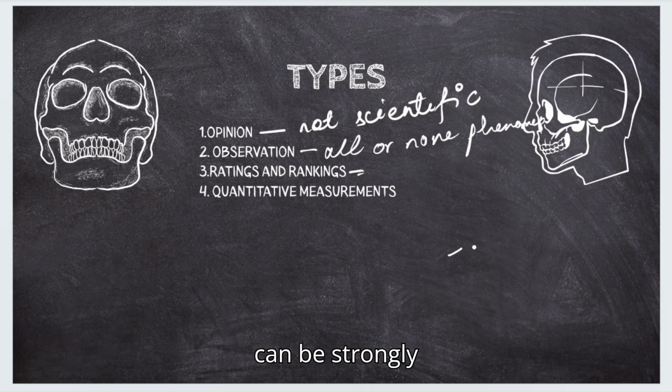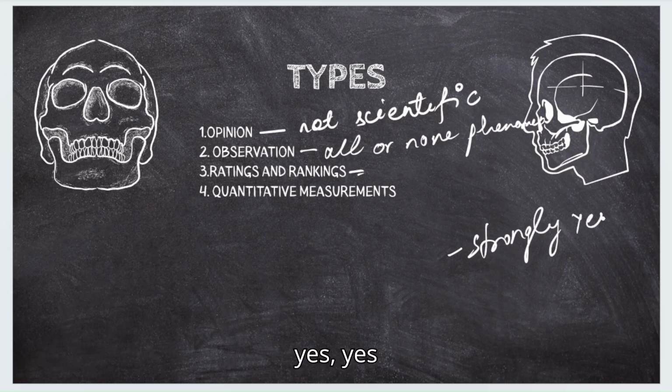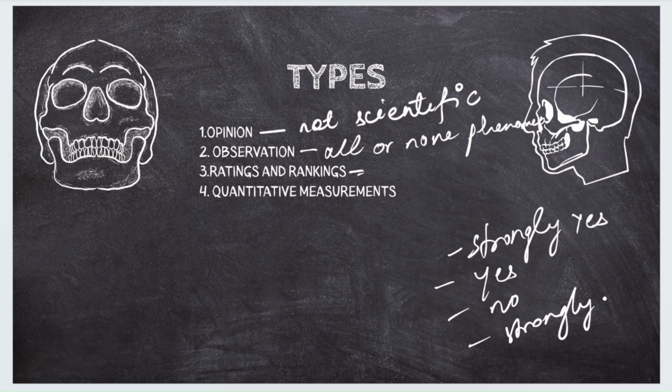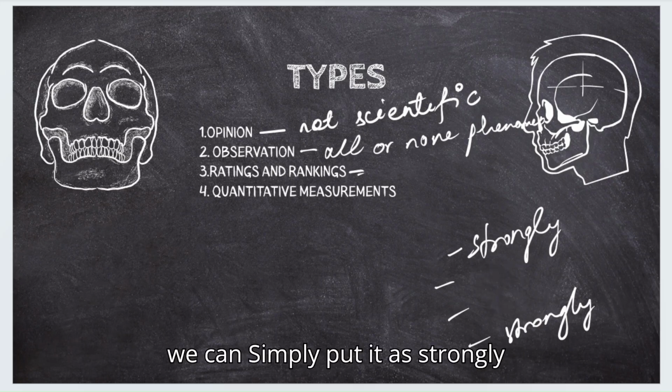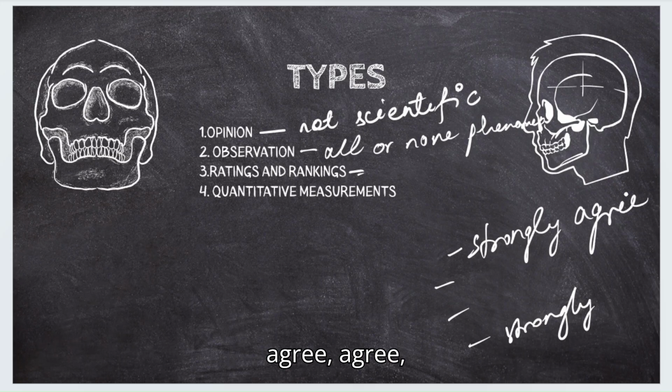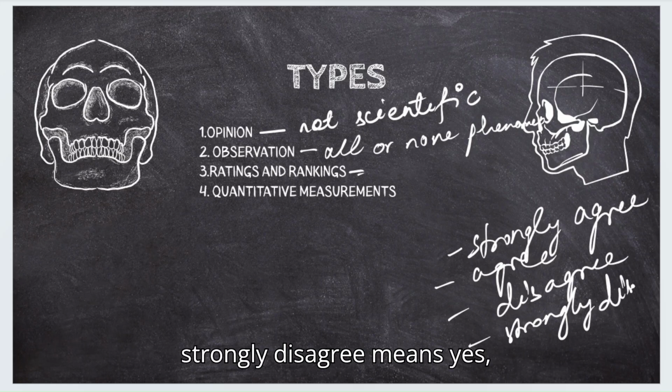It can be strongly yes, yes, no, strongly no, or we can simply put it as strongly agree, agree, disagree, and strongly disagree.